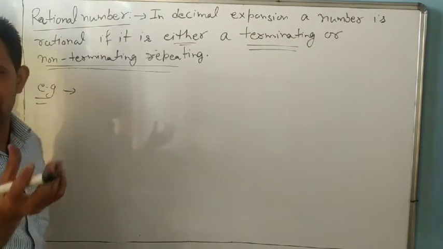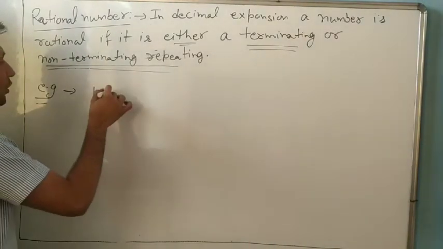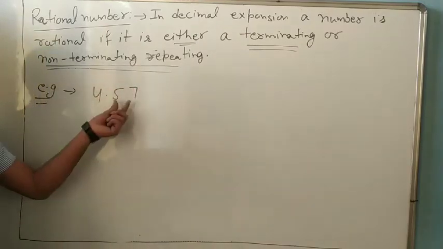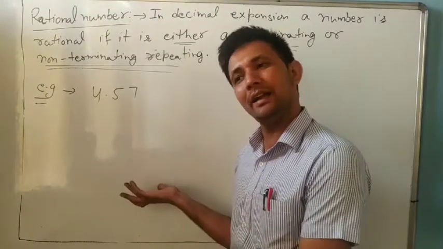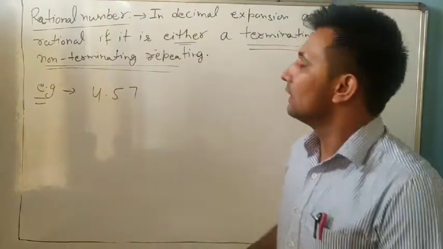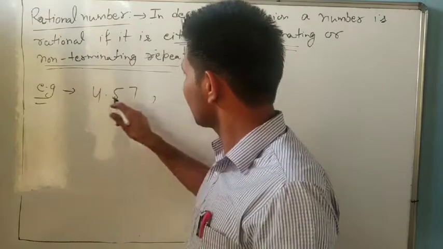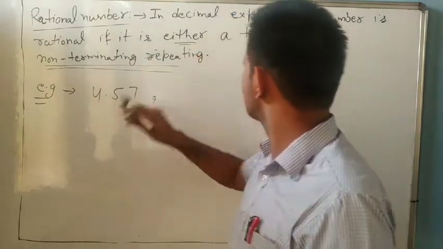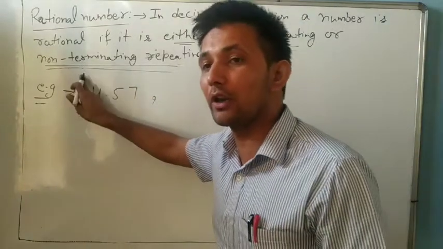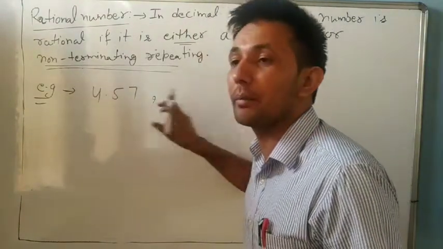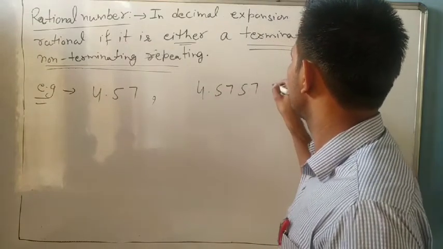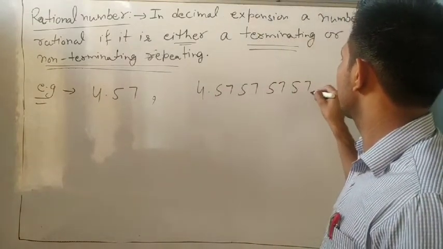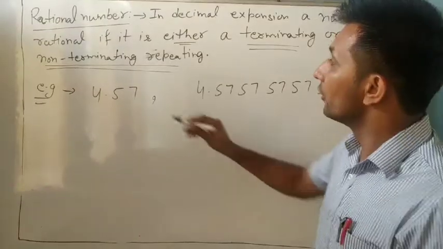terminating means ending. Suppose we write 4.57: after the decimal how many digits are there? 2. So it is ending, only 2 digits after the decimal, so it is terminating. And the other is non-terminating, which means it never terminates after the decimal, like 4.4757 and dot, never ending.